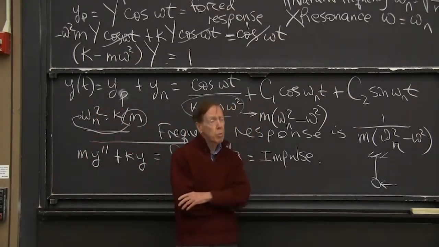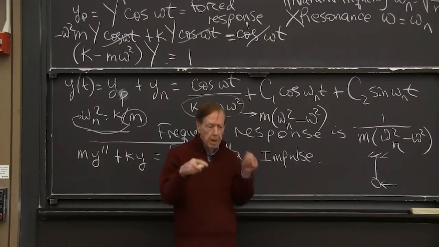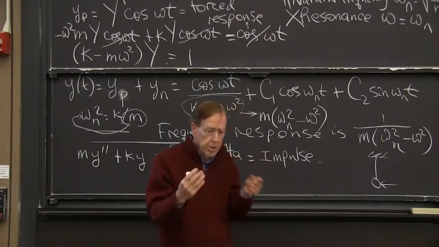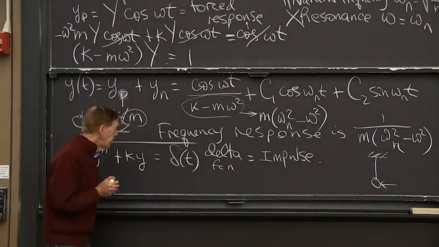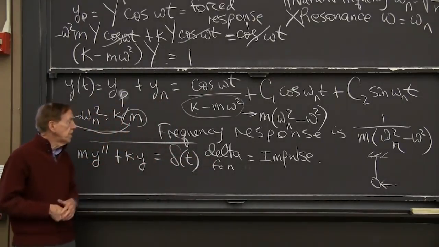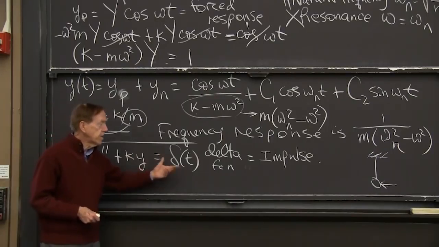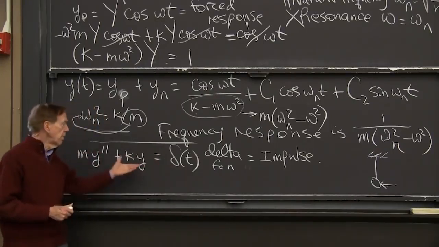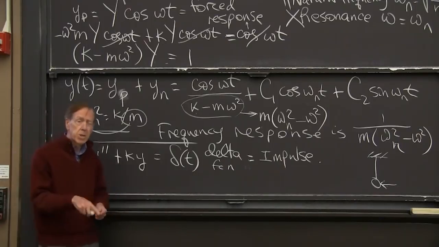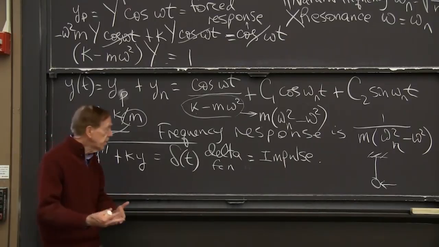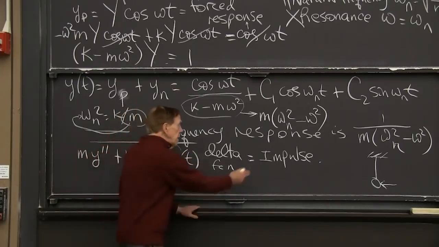Now this is where delta functions come in. So let me give you the result of what happens, and then we'll see them again. So what am I doing? I want to solve this equation when the forcing function is a delta function. So I'm going to call y the impulse response. It's the solution that comes when the forcing function is an impulse.